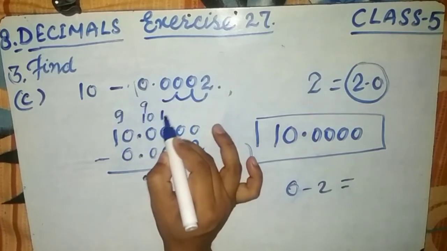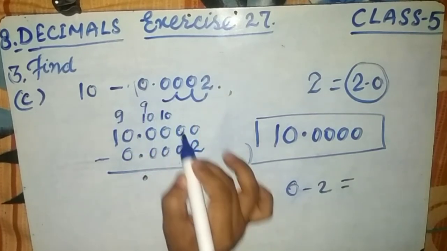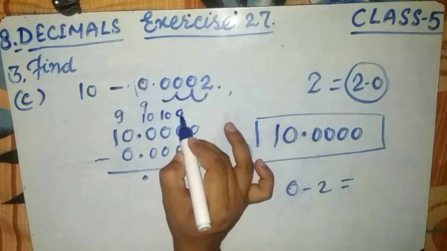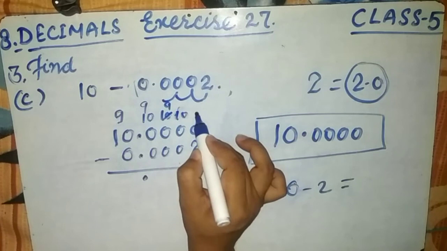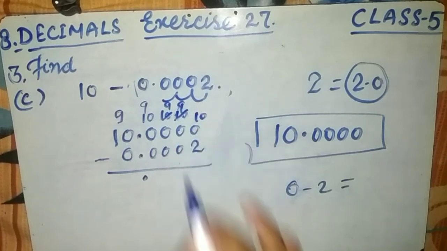This is 1 ten. Then this becomes 10, and the next becomes 9. Once again, this becomes 10, and this becomes 9. Have a look, friends.